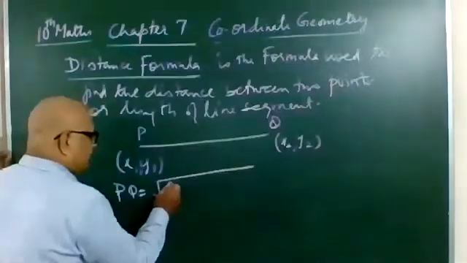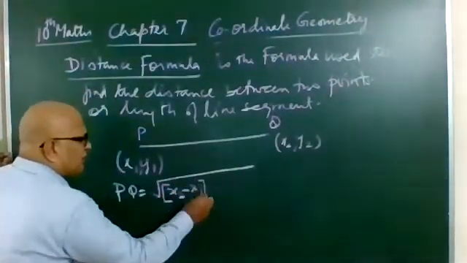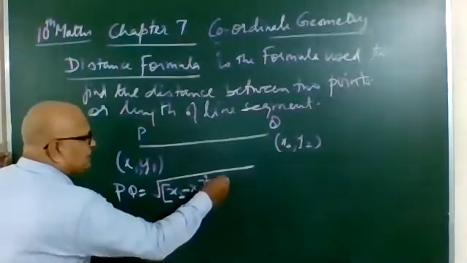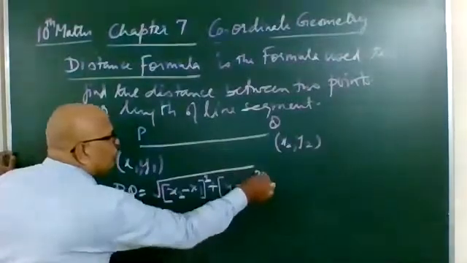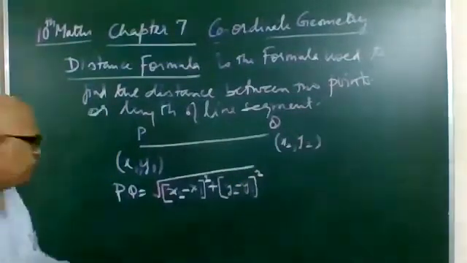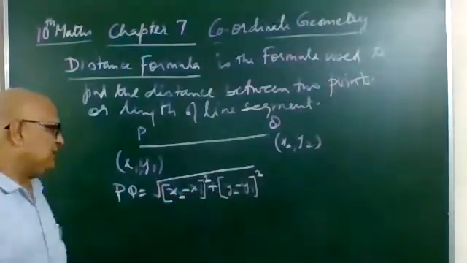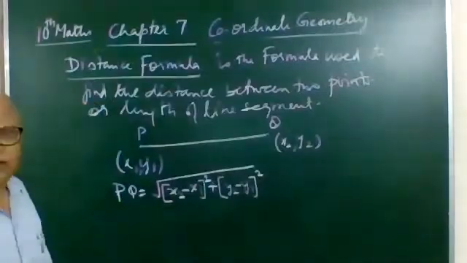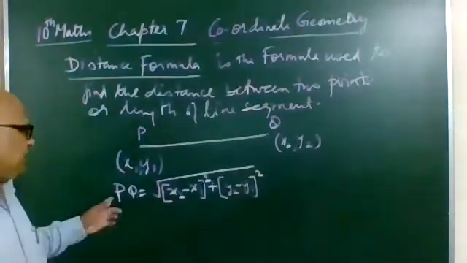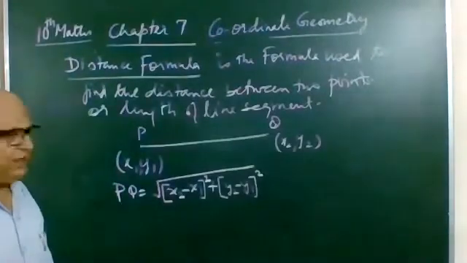Under root, x2 minus x1 whole square plus y2 minus y1 whole square. This is the formula to find out the length of the line segment.